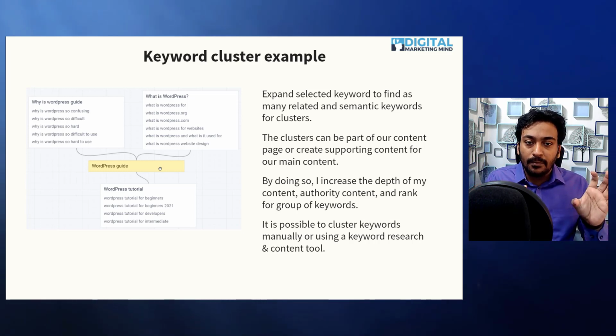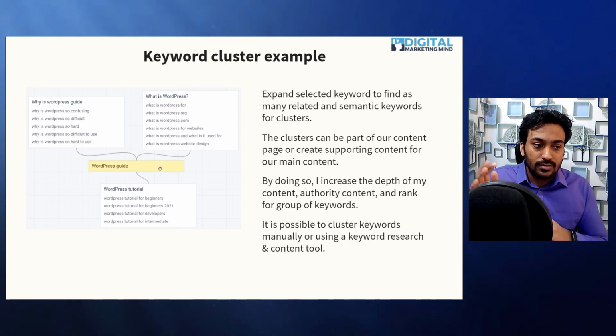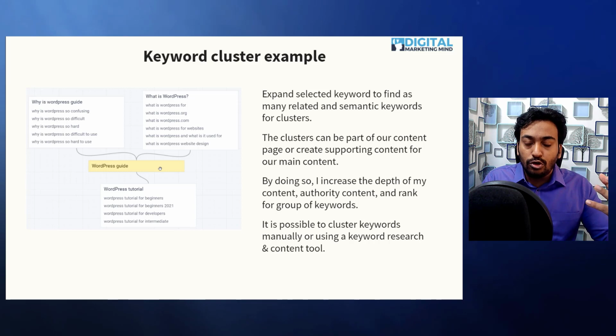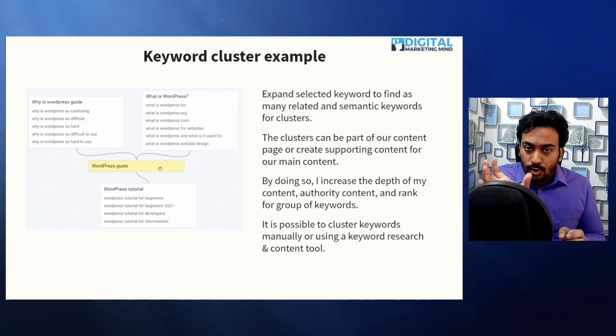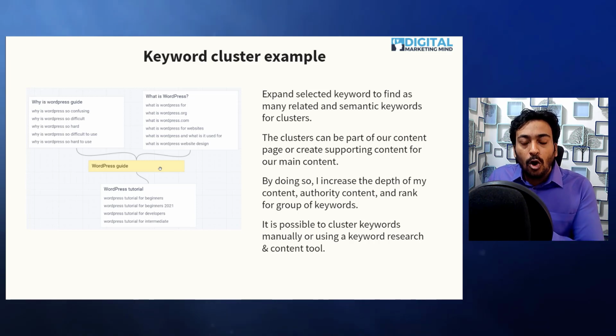But that main keyword can be divided into multiple different sections. For example, I could have a section talking about what is WordPress, a section talking about why a WordPress guide is needed, and a section talking about WordPress tutorial, where all these three different keywords are connected to the keyword guide, but each of these topics can also have its own intent or own topic.